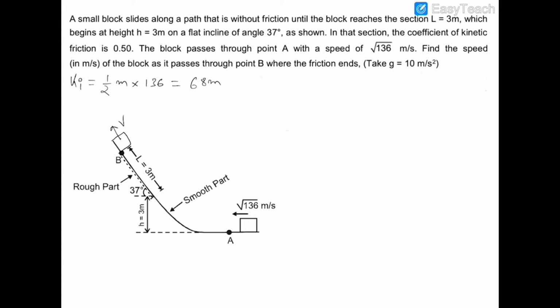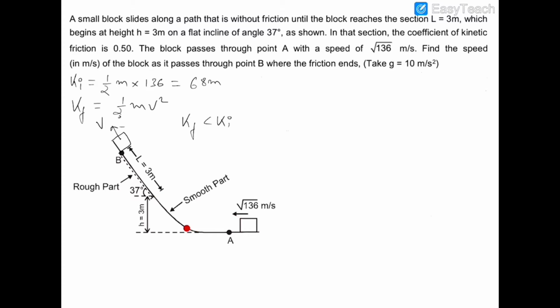Now the final kinetic energy of the block will be half m v squared. If we compare the final and initial kinetic energies, we can conclude that the final kinetic energy will be smaller than the initial one, because the loss in kinetic energy is utilized in doing work against mg and work against friction.